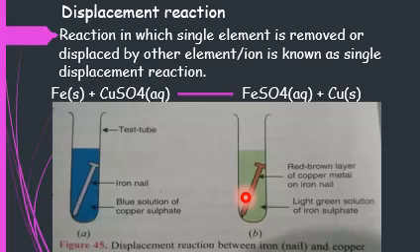So you can see that the reaction is taking place where copper is getting displaced by Fe. So this is called single displacement reaction. Now we are going to study some more displacement reactions in the next slide.